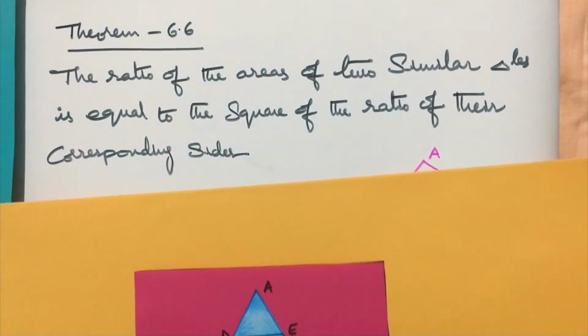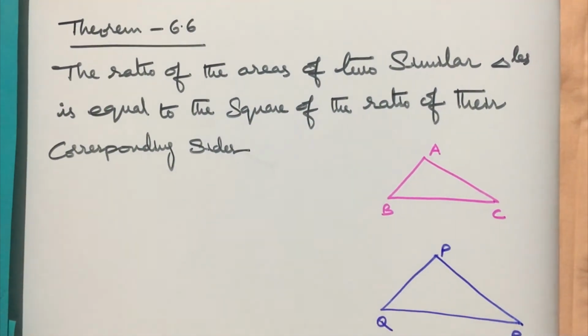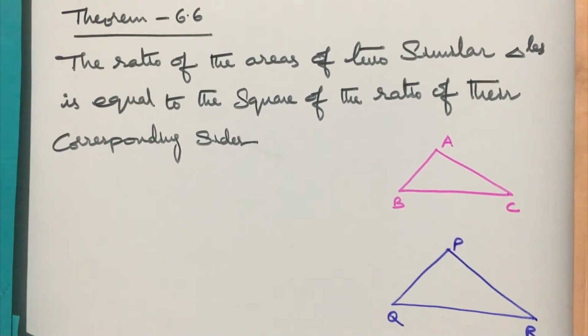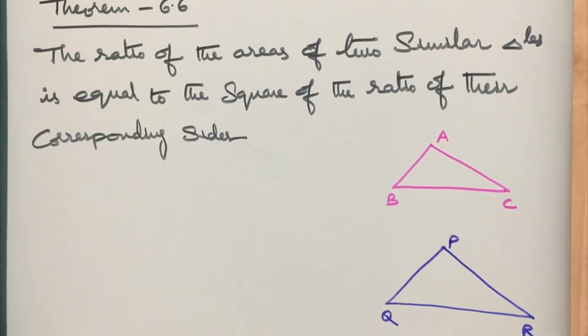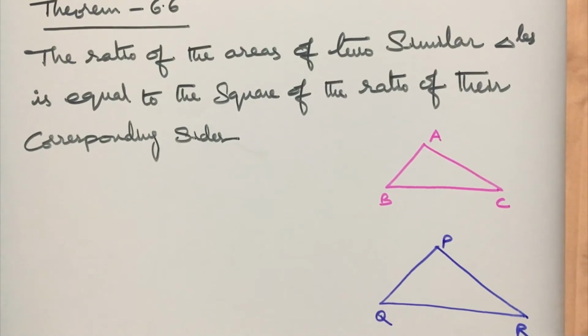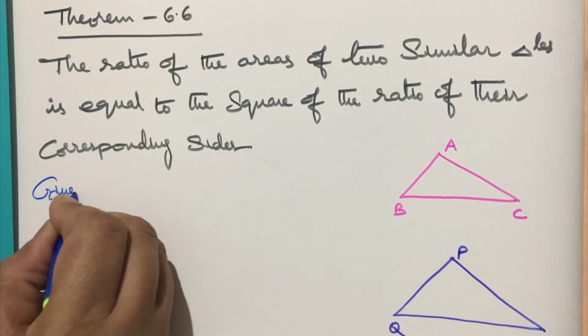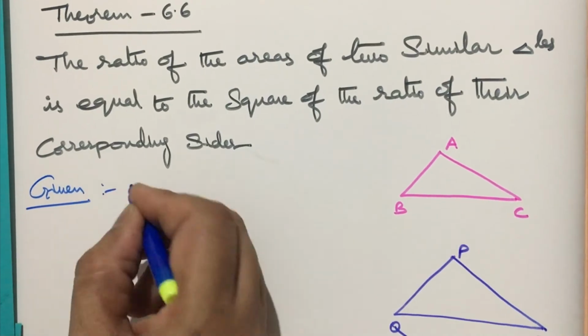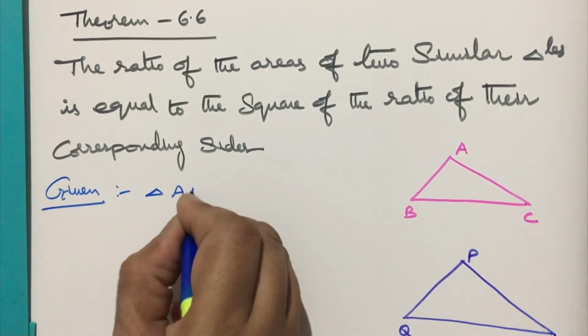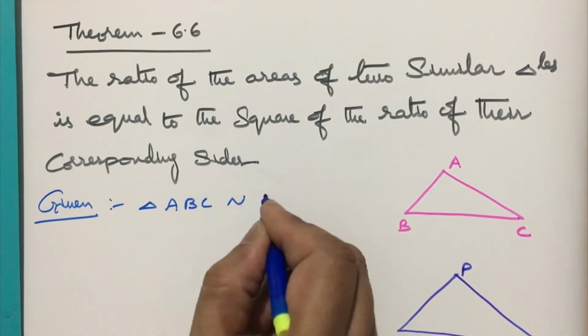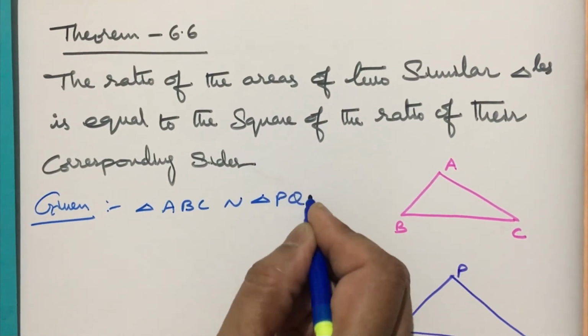So, let us take two triangles here, triangle ABC and triangle PQR, which are similar to each other. So, what is given here? Triangle ABC is similar to triangle PQR.